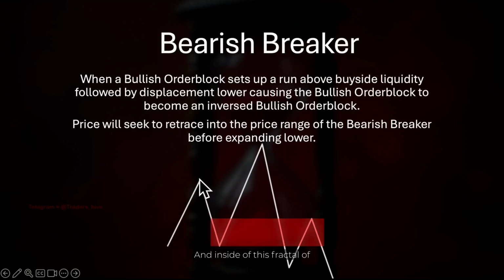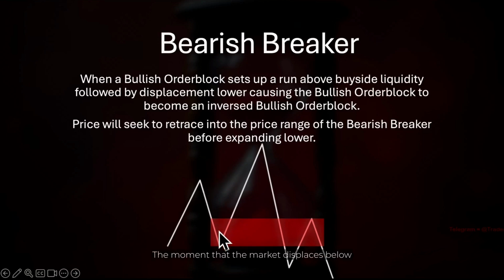And inside of this fractal of sell side and buy side delivery, you will see a down close candle form which set up the final run higher. This down close candle got utilized by smart money to buy off to target buy side liquidity resting above this high.